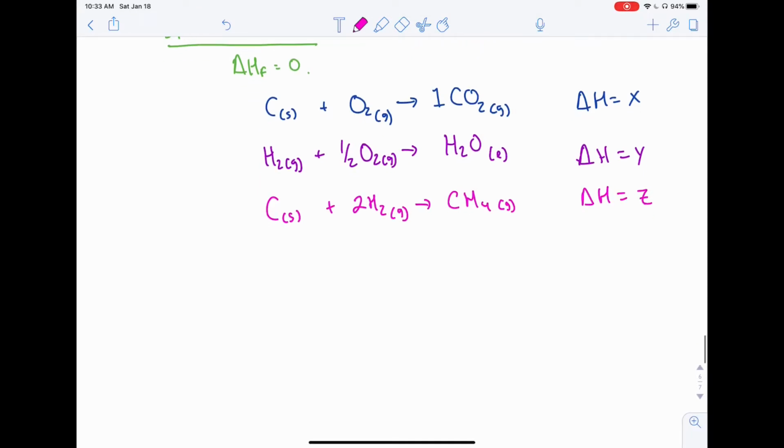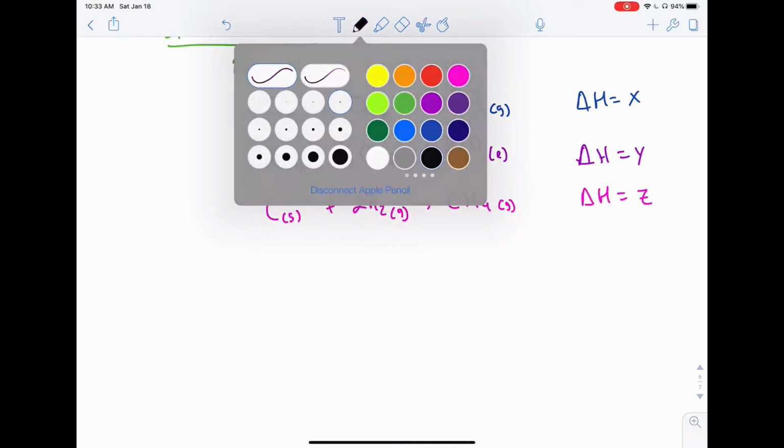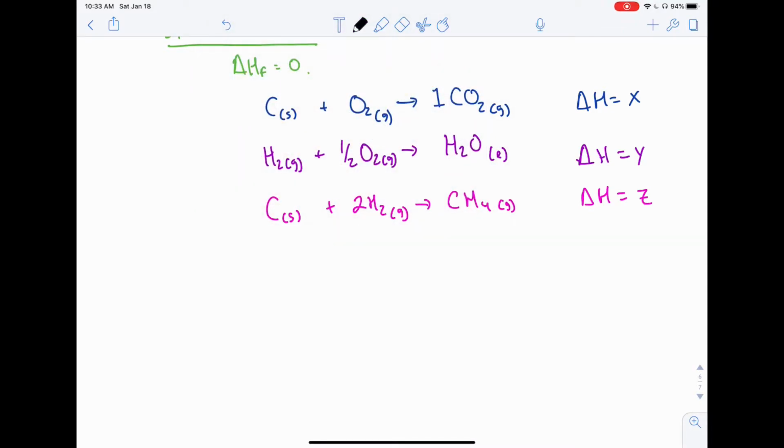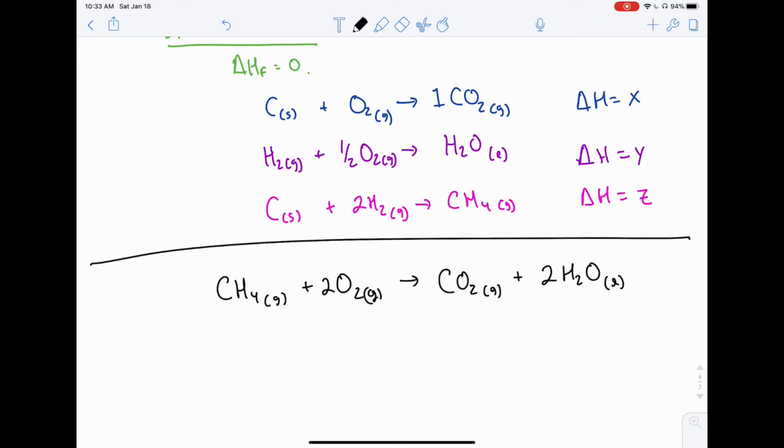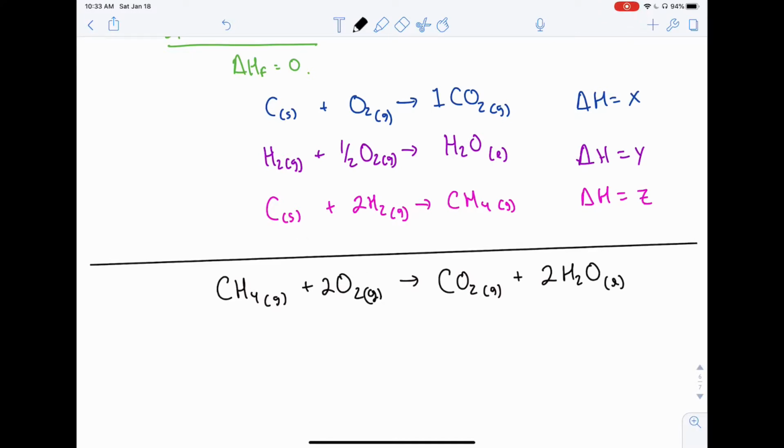Okay, now let me present to you an overall reaction and see if you can figure out how this works. Okay, let's say my overall reaction is this.